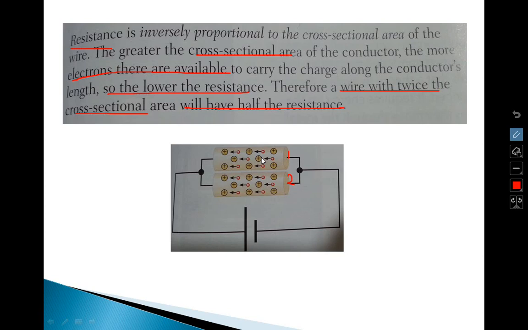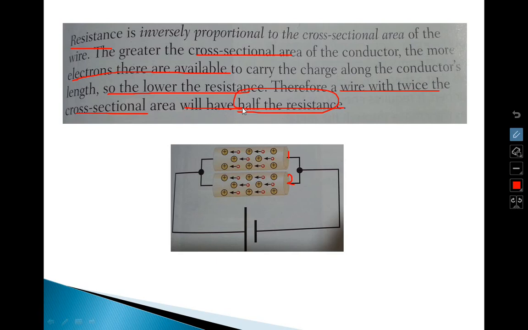So now we have two factors that affect resistance: cross-sectional area and the length of the conductor. If we have twice the length of the conductor, the resistance will be more, twice the resistance. With twice the cross-sectional area of a wire, we'll have half the resistance.